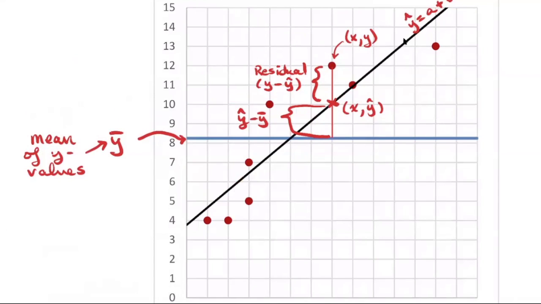The y hat minus y bar is called the explained deviation from the mean.